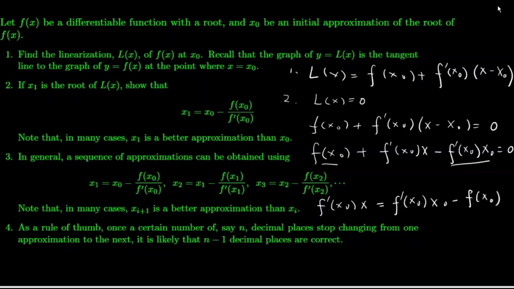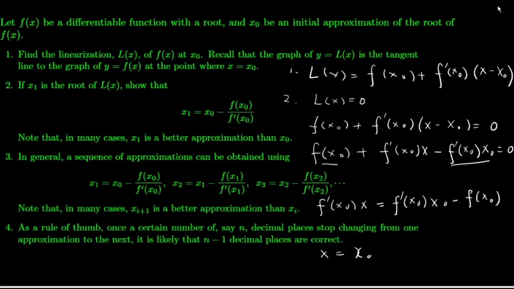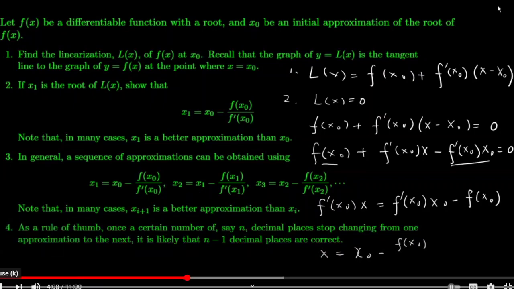We now divide both sides of the equation by the derivative of the function at x0. We have x equals x0 minus a quotient. On the numerator you have the value of the function at x0. On the denominator you have the derivative of the function at x0. Because we use x1 to denote the root of L of x, this is x1.